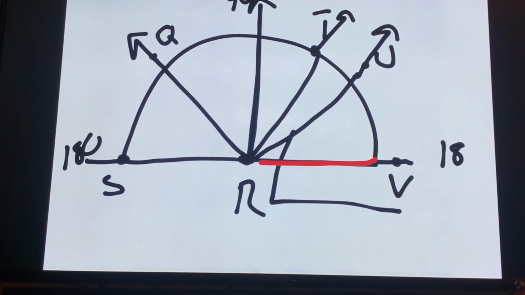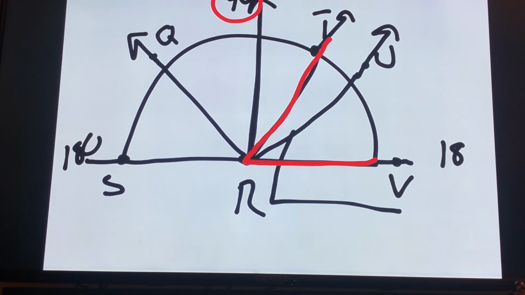Is VRT greater than 90? So 90's right here. No. So what kind of angle would you say that was? It's acute. And you'll have to look on your protractor because I obviously can't draw well enough to show you guys. But VRT, you look over there and it's at 60 degrees on your protractor.